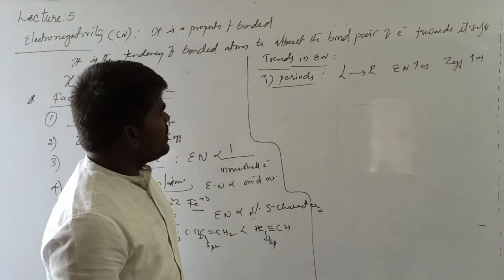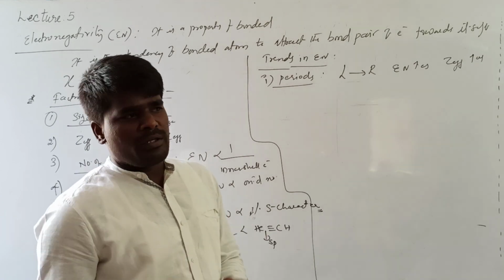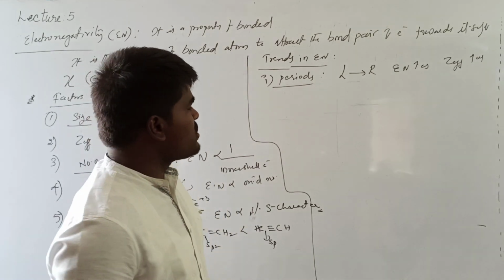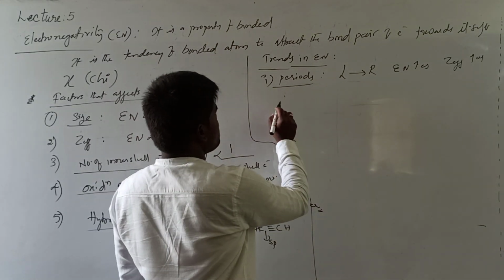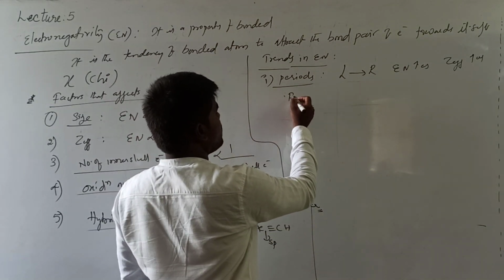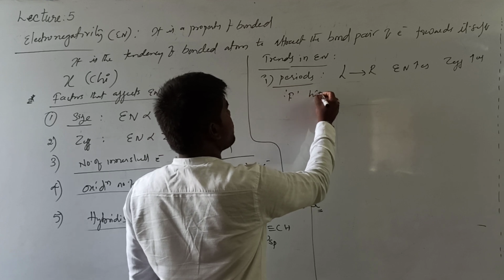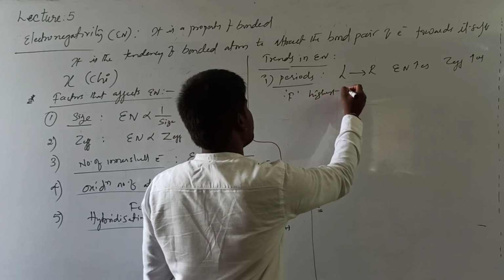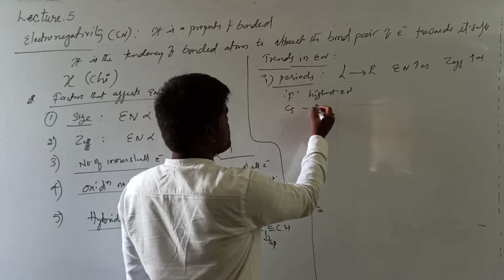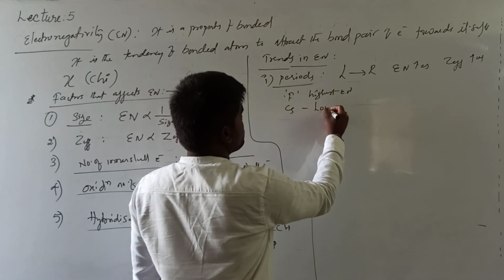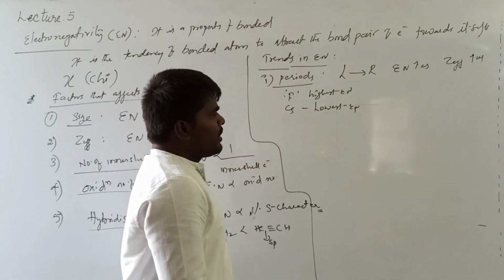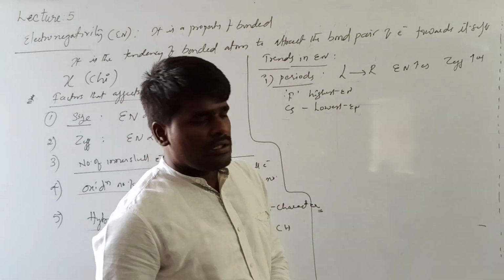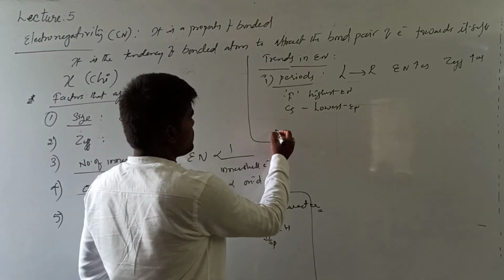The electronegativity of zero group elements, noble gas elements, is considered as zero. This is the thing you need to remember. And fluorine is the element having highest electronegativity in the periodic table, and cesium has the lowest electronegativity. Correct? Along the left to right in the period, electronegativity increases.